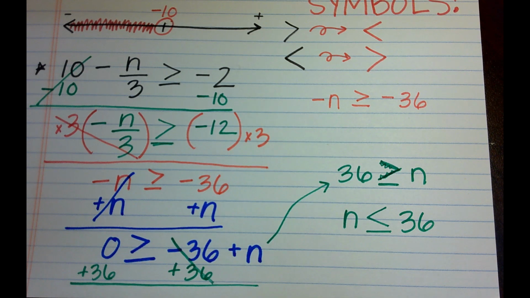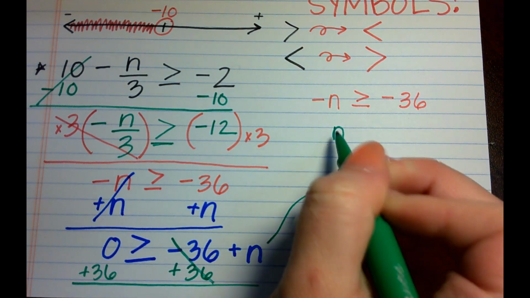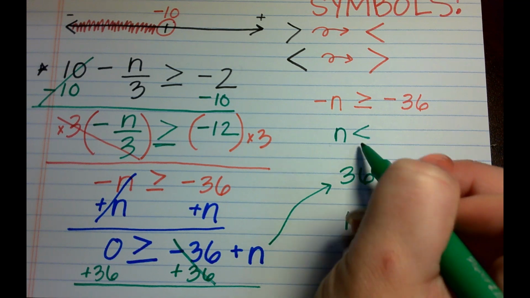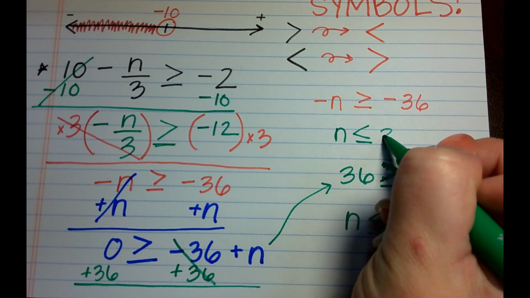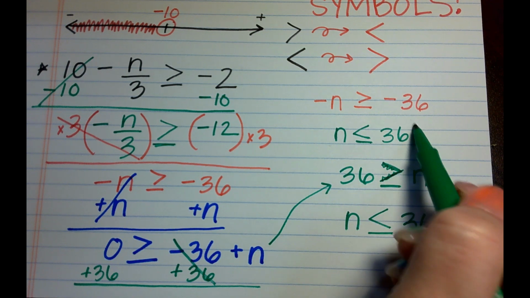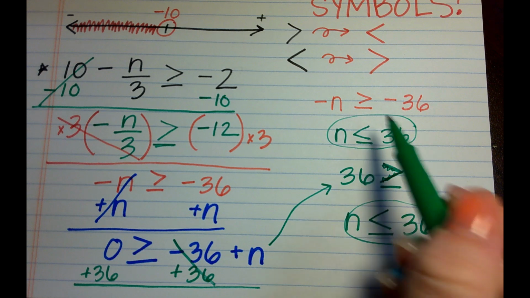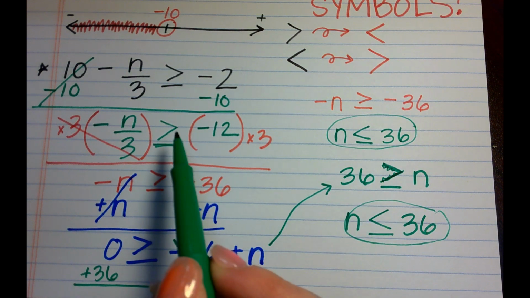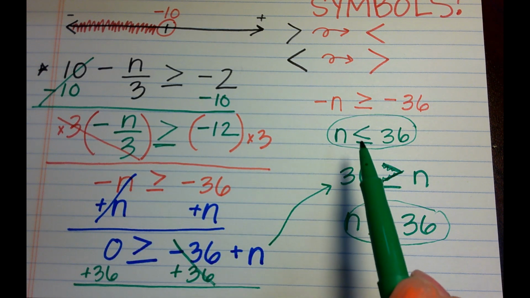If I divide both sides by negative 1, this becomes positive n. My sign changed, so I flip my symbol, and negative 36 divided by negative 1 is positive 36. So look, I get the same answer both ways. But notice that in both scenarios, our sign does flip. See that? We started with greater than, we ended with less than.